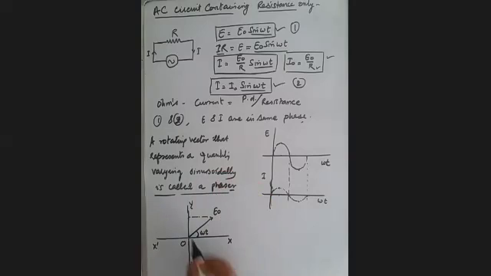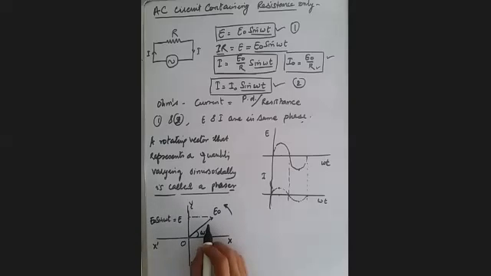We call this projection on y dash as E, which is equal to E naught sine omega t. So it depends on the angle omega t which it makes with the x-axis, the horizontal direction. If we move in the anti-clockwise direction, its value at different times will be different.